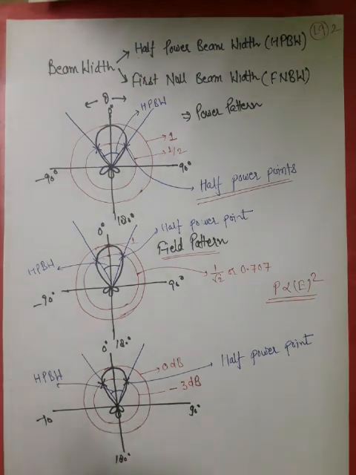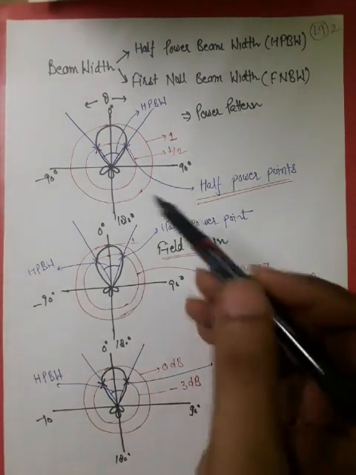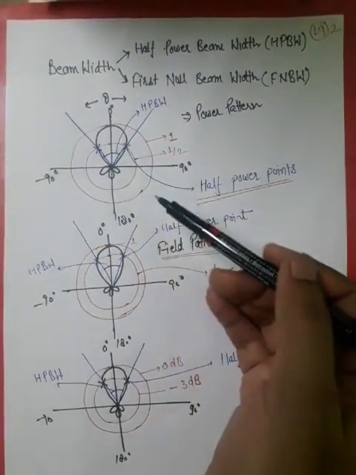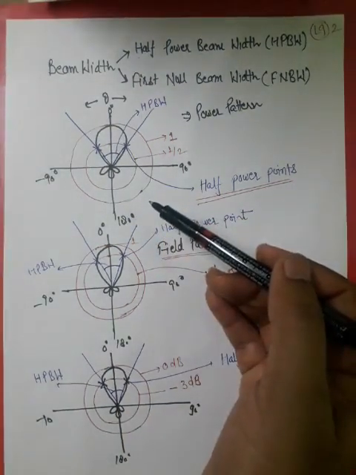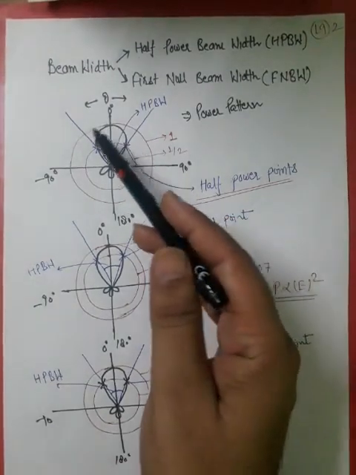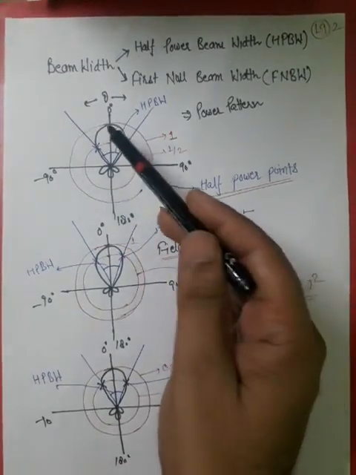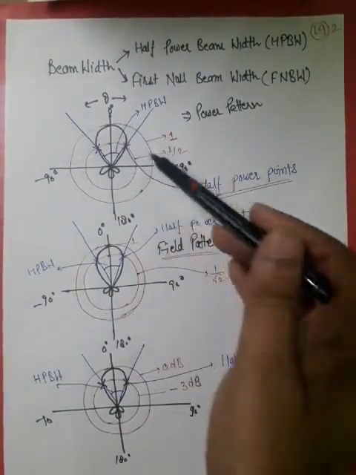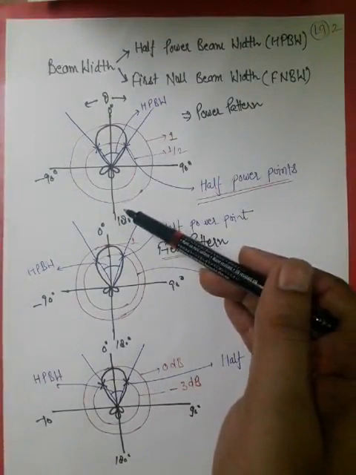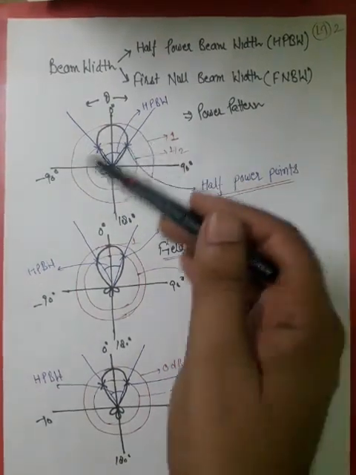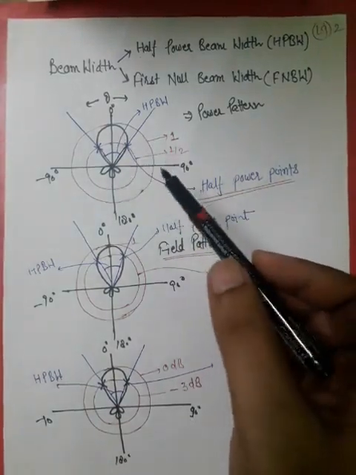We were discussing half power beam width based upon this directional radiation pattern. In the case of a directional radiation pattern, when we draw the normalized radiation pattern, the maximum value is 1, and we know that in a polar plot, these circles represent the amplitude.